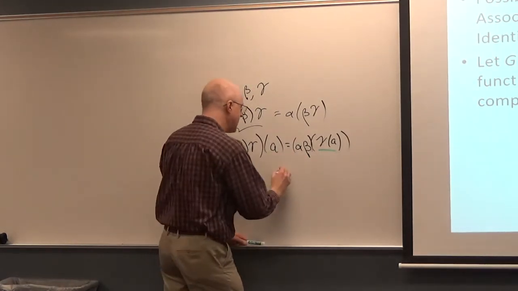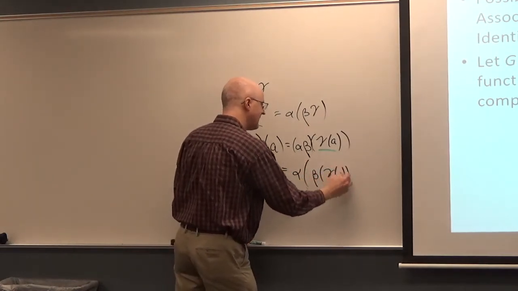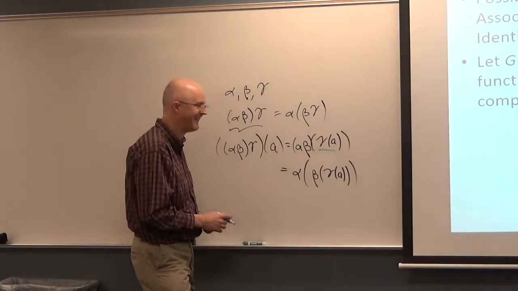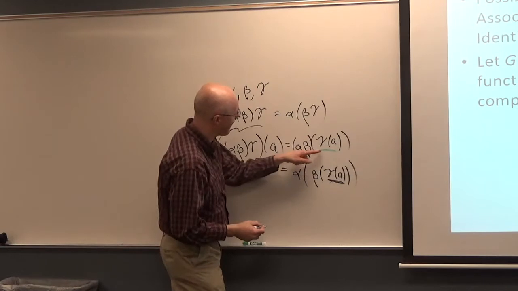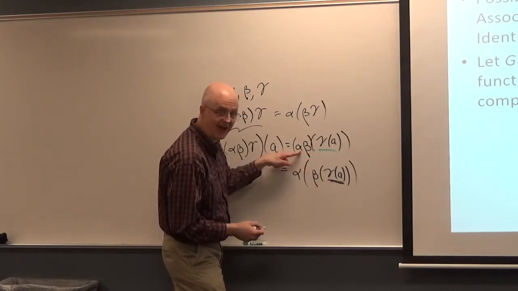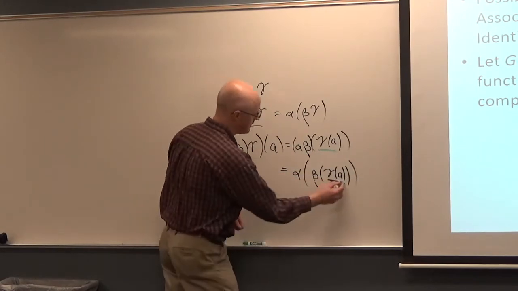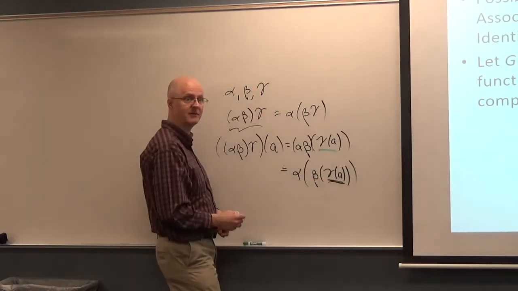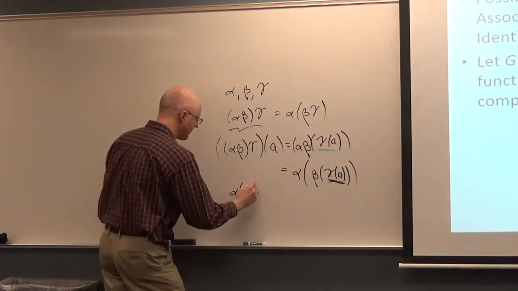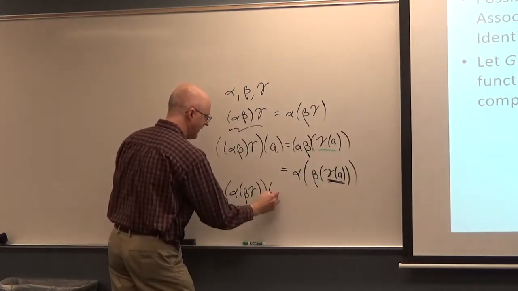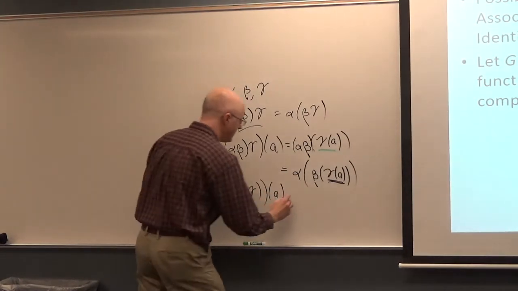And what does that mean? It means do this. Just think of this as we're plugging that thing right there into the function alpha composed with beta. What does that mean? It means do this. Plug it into beta first and then plug it into alpha. And if I write it the other way, emphasis with the parentheses around the beta gamma, what does this mean?